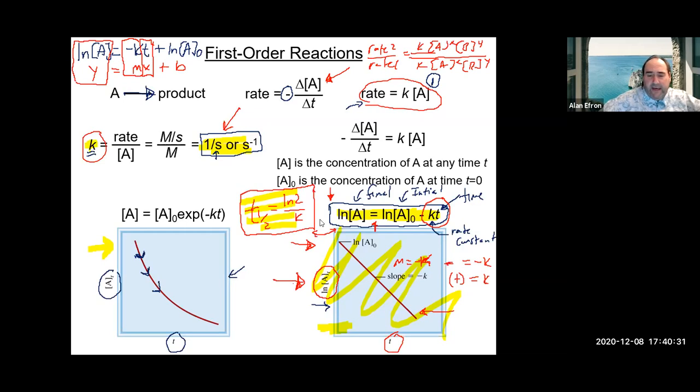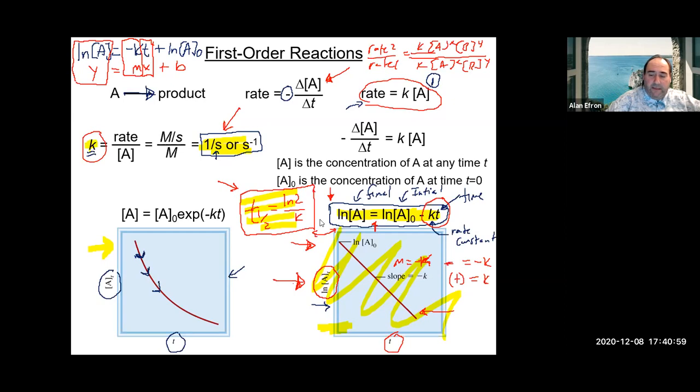Associated with that, I think I jumped the gun last time, but there's also a half-life equation that goes with the first order, and that is it right there. The half-life for a first order is the natural log of 2, which if you punch that in on your calculator is about 0.693, divided by k, the rate constant. In a lot of kinetics problems, you will have to use both of those equations together.